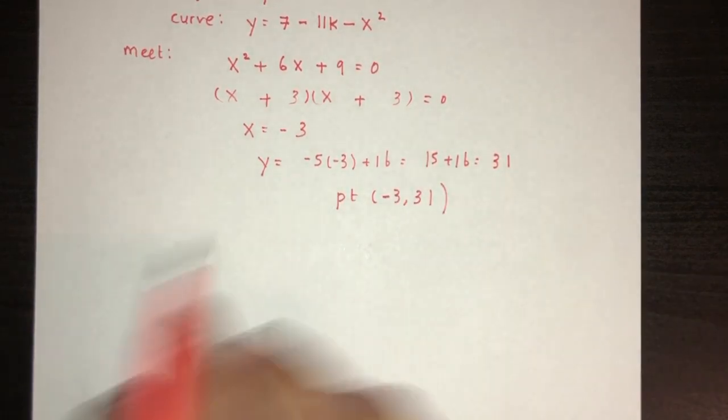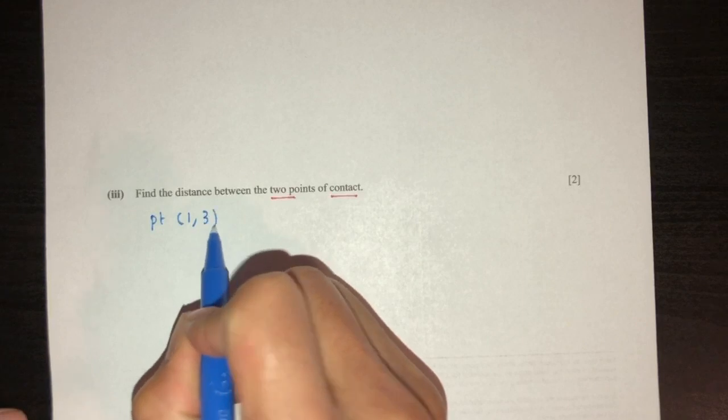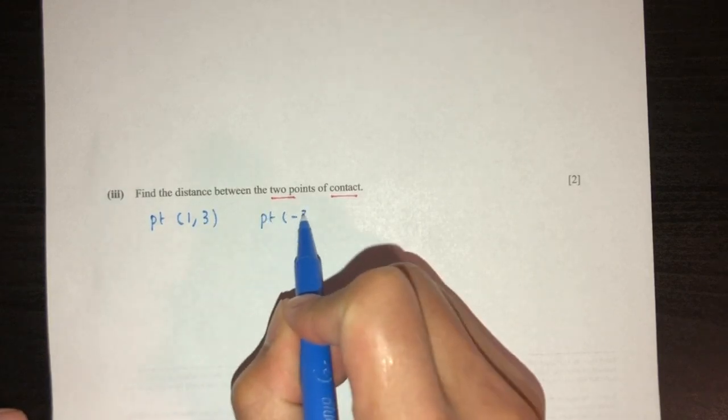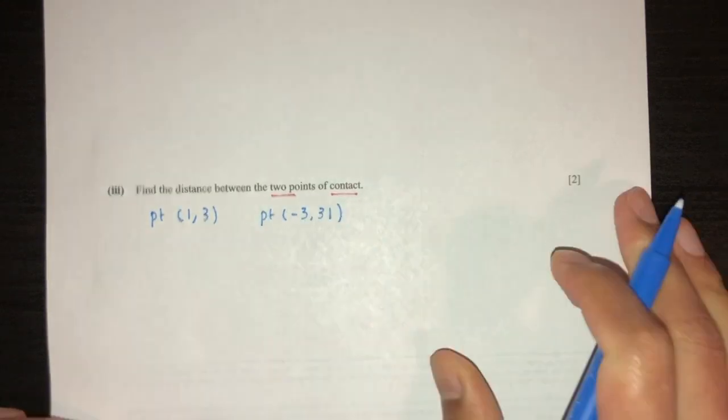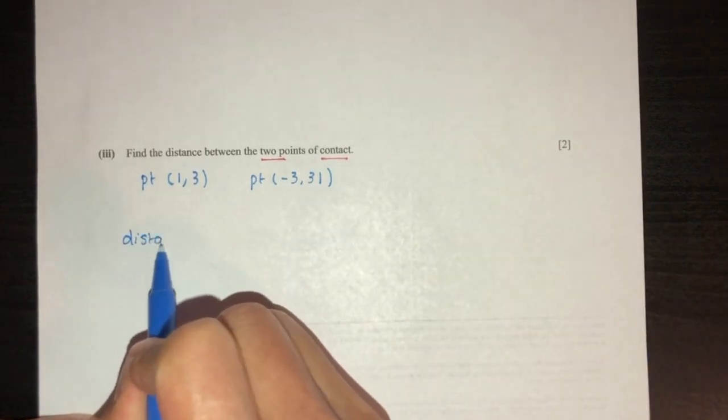Okay, so that is the question for part 2. Now for part 3, we have to find the distance between the 2 points of contact. Okay, so pretty easy. The first point we have realized it was 1, 3. Second point is minus 3, 31. So distance, we can just use your formula given to you. You should know this.